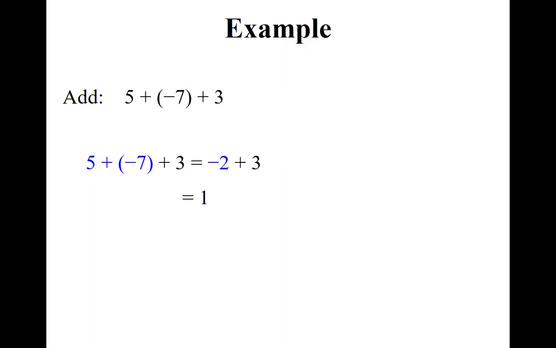To break that down a little more, 5 plus negative 7. The 7's larger, the 7 is negative, the answer will be negative. 7 minus 5 is 2. We get negative 2. Negative 2 plus 3. The 3 is larger. The 3 is positive. The answer will be positive. 3 minus 2 is 1, so positive 1.